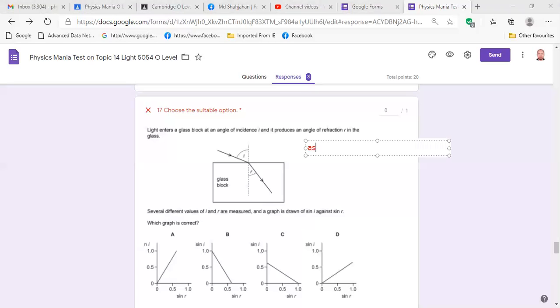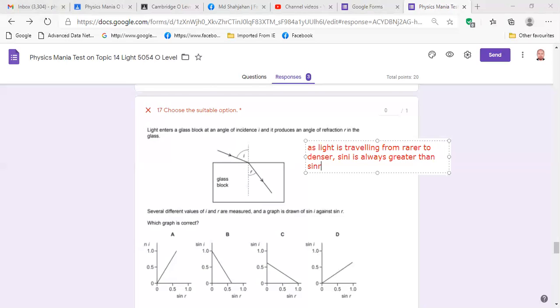So if you think that way, we write: light is traveling from rarer to denser, sine I is always greater than sine R. So we can skip B and C, these two answers.